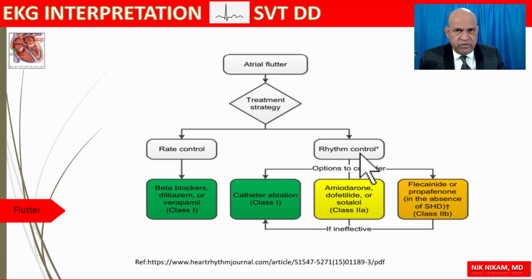That is something we have to rule out before we attempt rhythm control with either a pharmacological approach or by using cardiac catheter ablation. These patients need to be on anticoagulants for 4 to 6 weeks before any type of rhythm control is attempted.